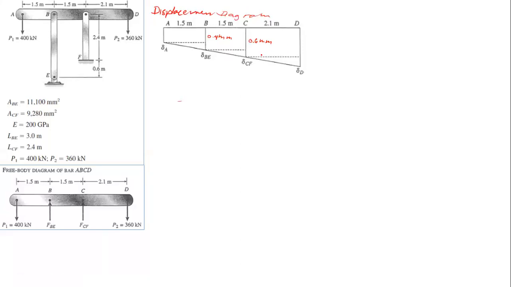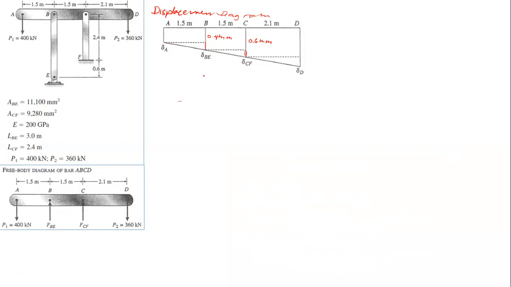Okay, so we know that this line has an equal slope. So we can form similar triangles. This distance and this distance are equal, since the distance from A to B is 1.5, and B to C is 1.5. So these two triangles are similar. Okay?